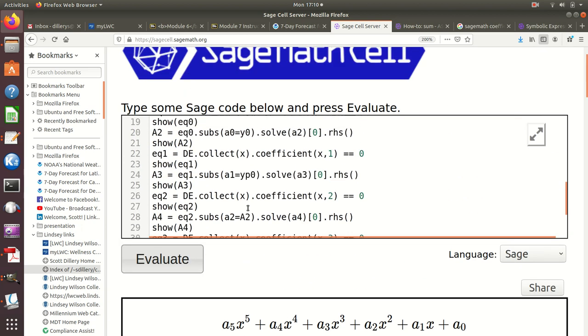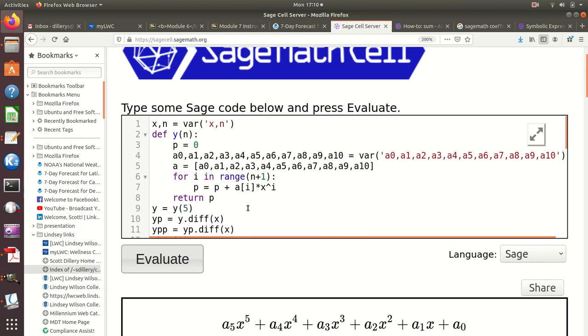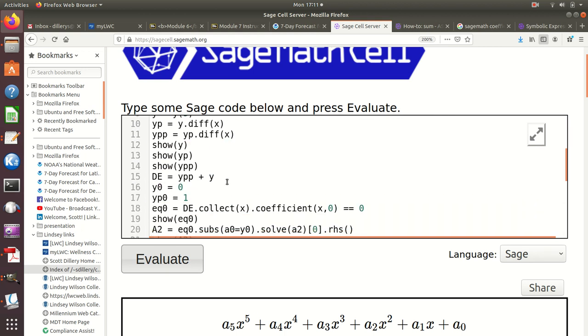And so this is the code. I'm saving this code and putting it on Blackboard for this particular example. Again, if I have a different differential equation, I'll have to sub in different things. So for instance, we had a y double prime.